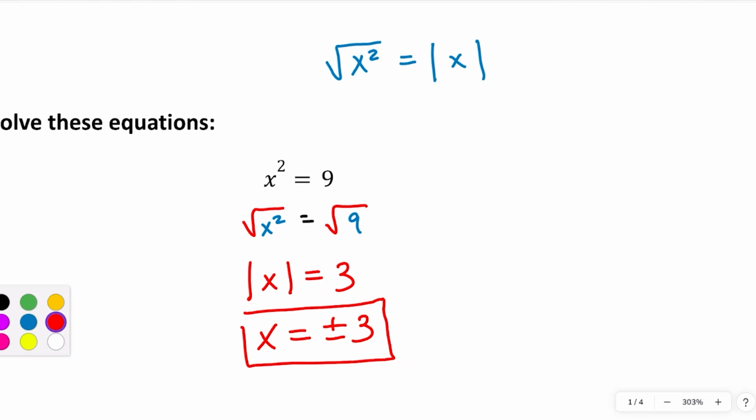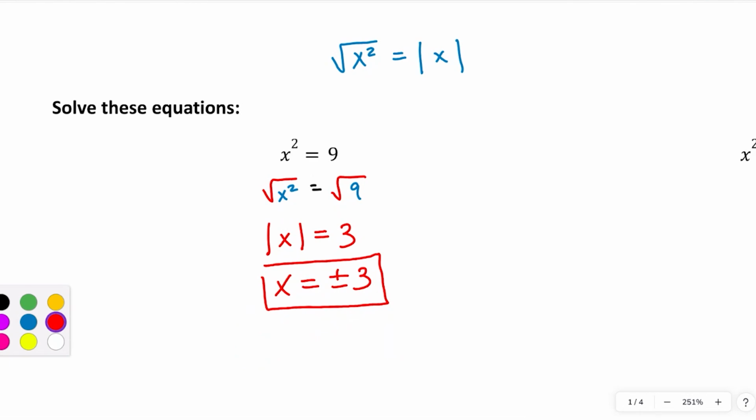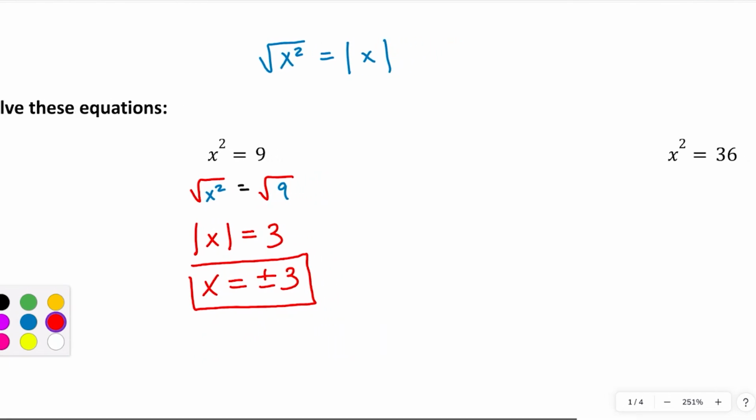But I just want to make sure you understand that the plus or minus is not coming from square rooting the 9. You don't get a plus or minus out of that. Where the plus minus comes from is taking the square root of x squared. Okay, so just want to be clear about that. It's really kind of a nuanced point there that may not even really bother you, but I just want to make sure you understand that.